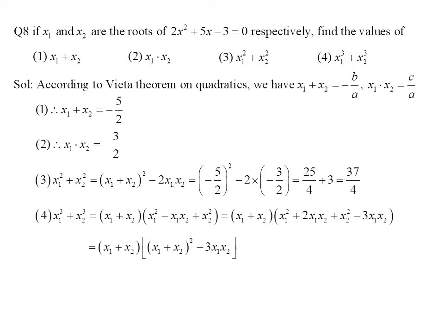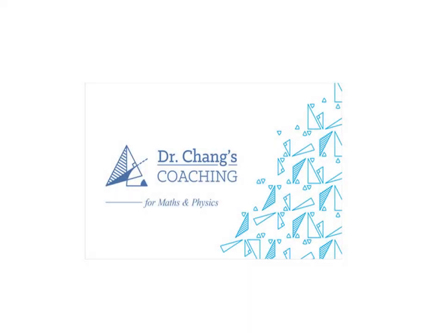So the sum of two cubes can be expressed as (x1 plus x2) in parentheses times open square bracket (x1 plus x2) in parentheses squared minus 3x1x2 close square bracket. Finally, we calculate the result of question 4, which is -215 over 8.